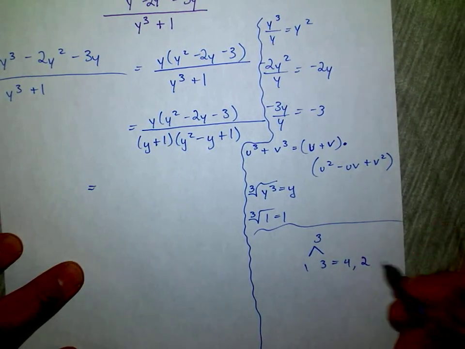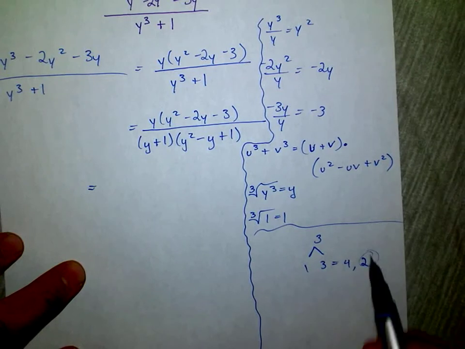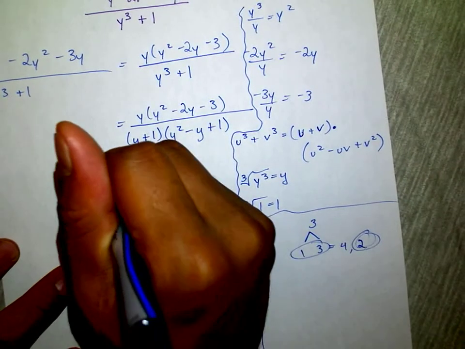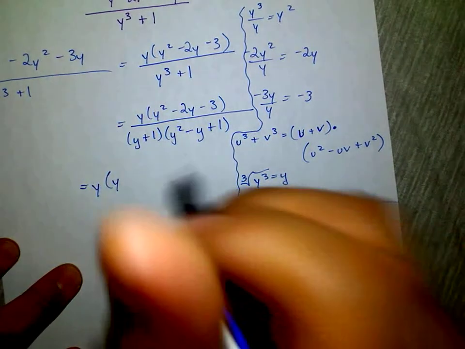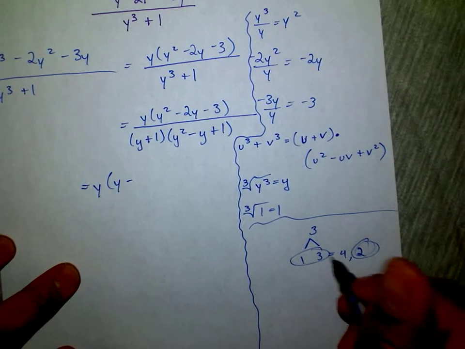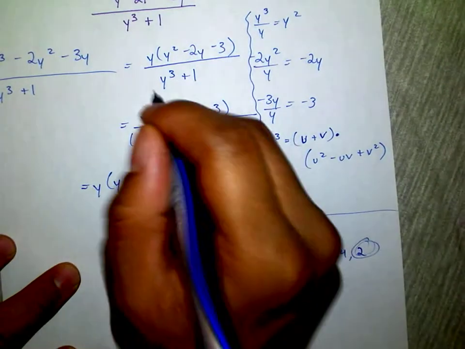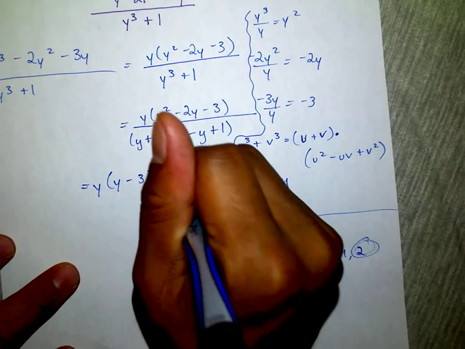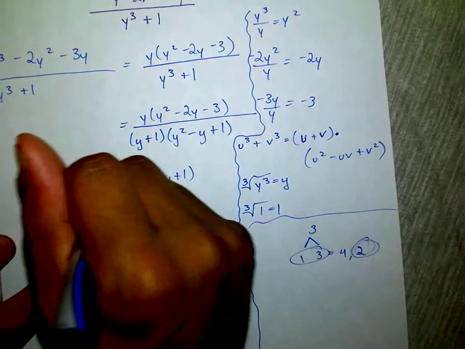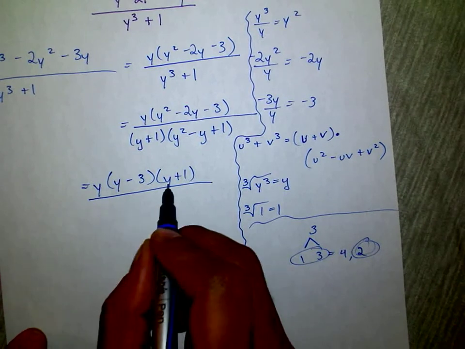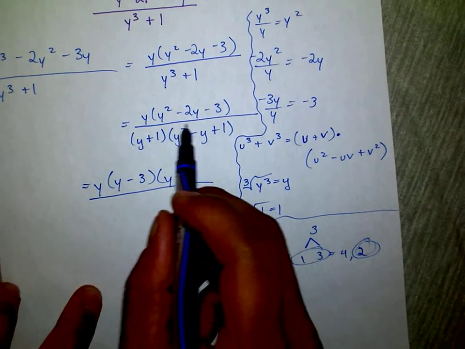If we subtract, it gives us 2. But we're going to use the one with 2. So that's going to give us y and then y. Let's see here. The 3 has to be negative in order to get a negative 2. So negative 3, positive 1.